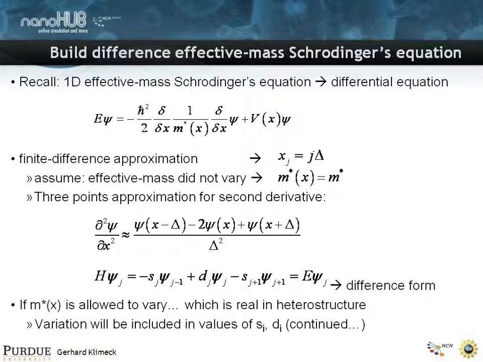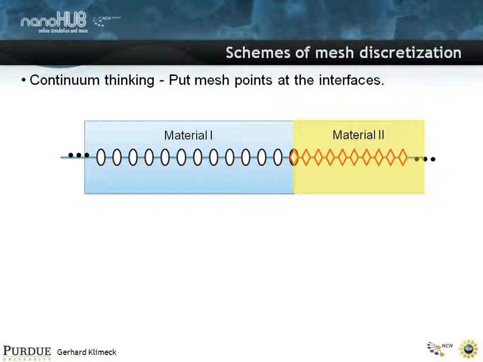But if m star, the effective mass, is allowed to vary, which is true in real heterostructures, you have to work a little more carefully on these S and D elements. You also have to think about how you mesh this device more carefully.